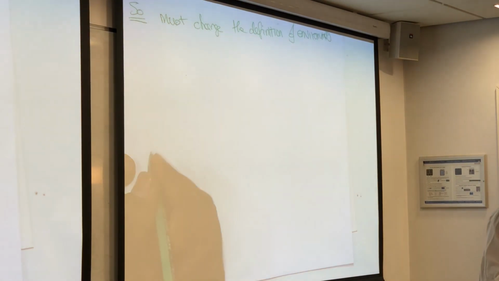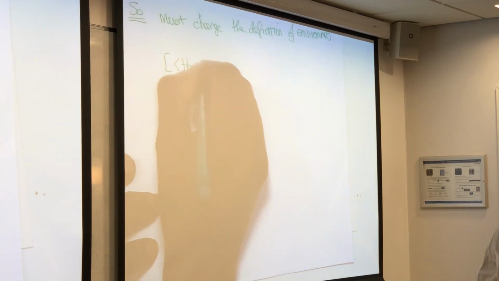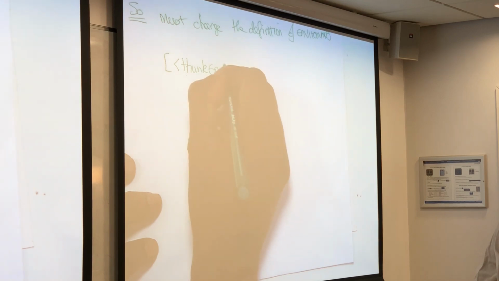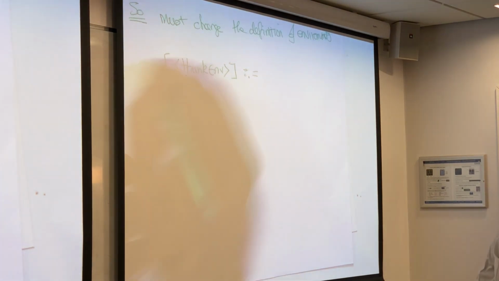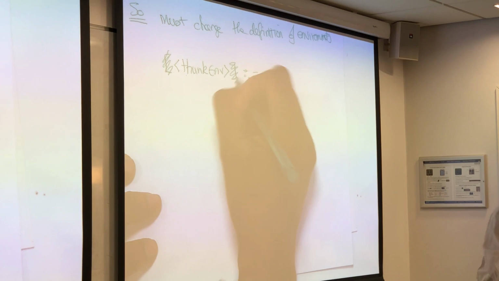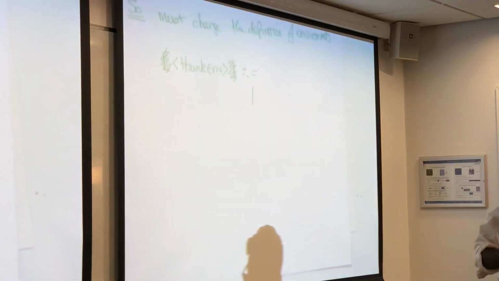So in other words, these new environments, which we call thunk environments, will be, if you drop the square brackets, that's part of the closure notation, a thunk environment is, well, we can still have the empty environment because of course the store can be empty.